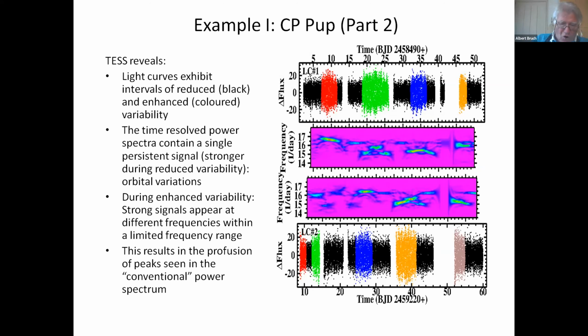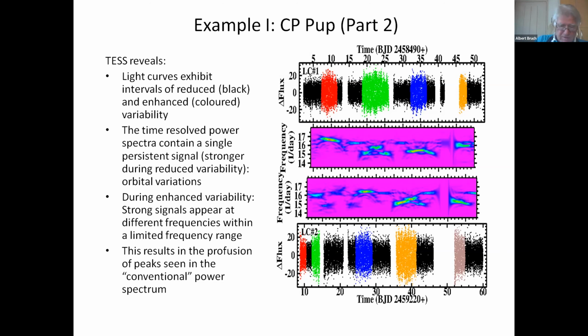I take this as the orbital signal. But whenever the light curve contains a higher scatter, additional signals close to the orbital signal appear. And these can be stronger than the orbital signature. In terrestrial observations on a shorter time basis, these can erroneously be considered orbital. This is therefore an obvious example for the potential of TESS to resolve questions which are difficult to answer based on terrestrial observations only.